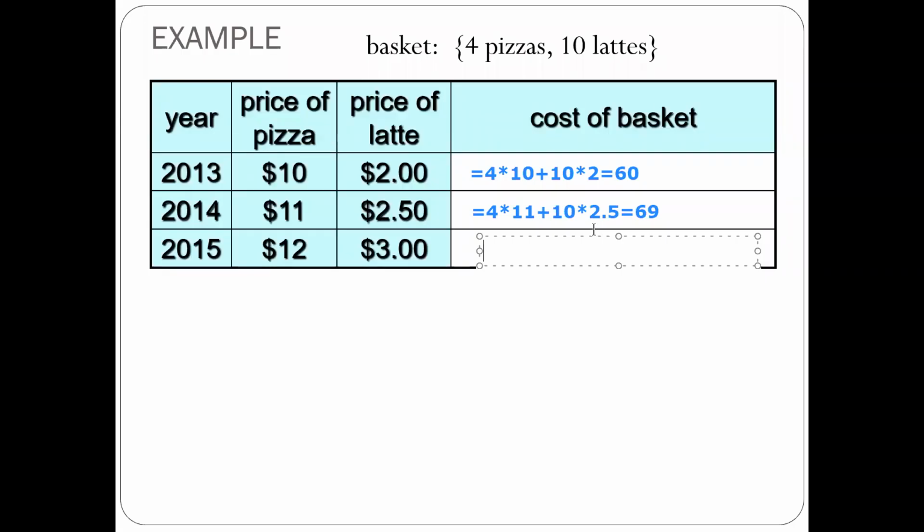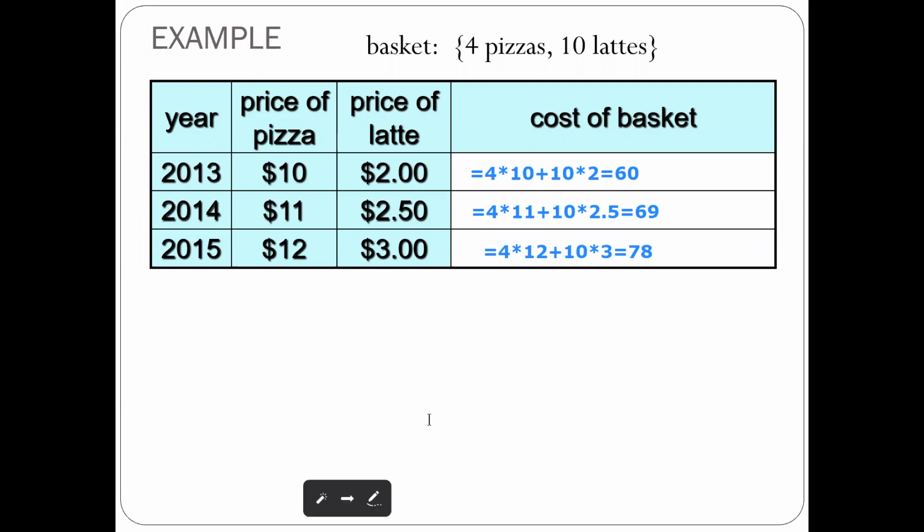In year 2015 this will be equal to 4 multiply 12 plus 10 multiply 3, and this will be equal to, as we see for the final results.